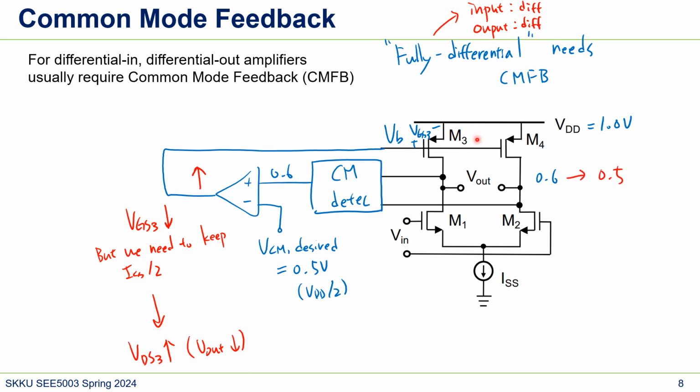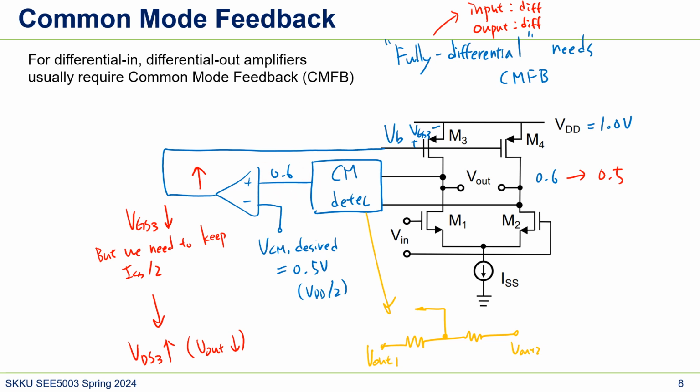So it's like a loop. There's another feedback loop, and that controls the Vout voltage. So this is tricky because there's another loop, and we have to consider lots of things, but it's very necessary. And this CM detect can be done in the simplest way here: Vout 1, Vout 2, and then this value is this.